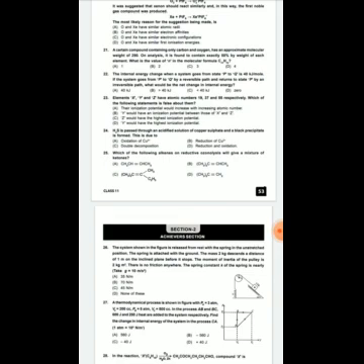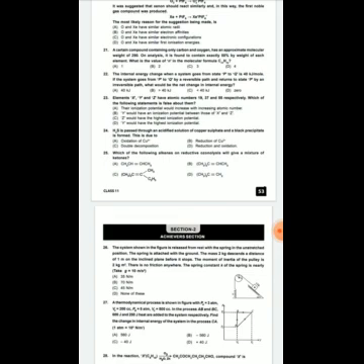We need to know that in acidified copper sulfate solution a black precipitate is formed. After decomposing, there is acidified copper sulfate and a black precipitate is formed. So option C, double decomposition, will be the answer.